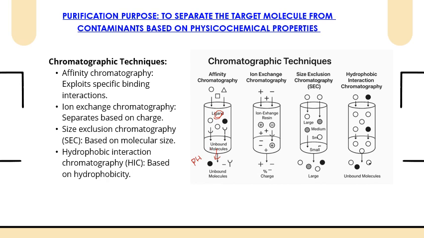You can see that antibodies, for example, can be bound to an antigen. In this case, it can bind, and then the remaining impurities will be washed away using different buffers with different pH. For example, you can use pH 4, pH 5, depending on what we are targeting.